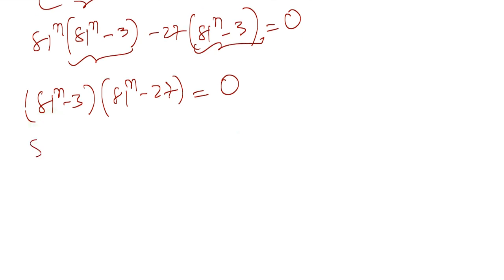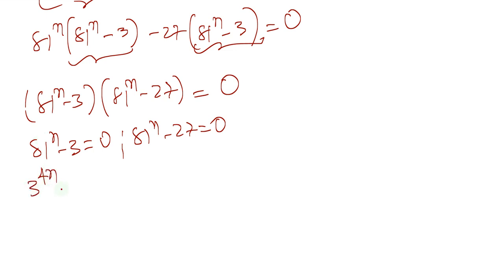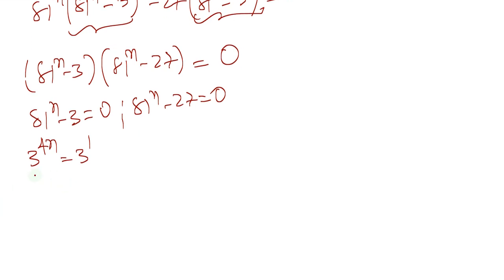So then we have 81^n - 3 = 0, and 81^n - 27 = 0. From here, 81 is 3 to the 4n equals 3 to the 1. And from here we have the same basis, same powers. So 4n equals 1, and n is equal to 1/4.